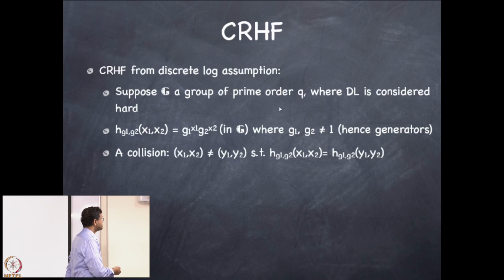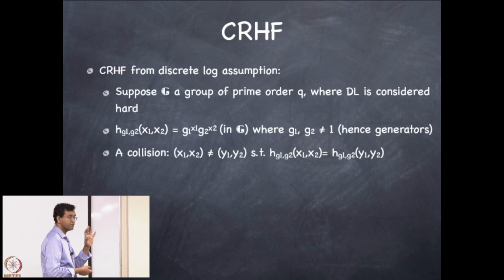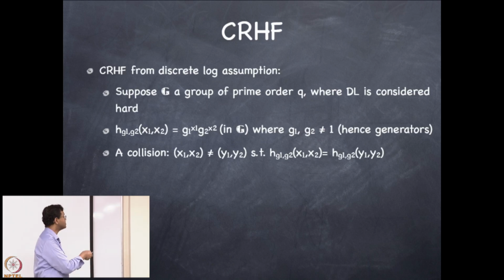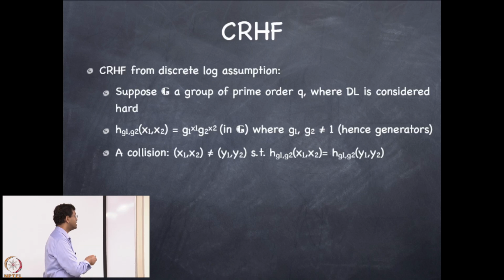Suppose the adversary gave us a collision, (x1, x2) distinct from (y1, y2), such that g1 to the power x1 times g2 to the power x2 equals g1 to the power y1 times g2 to the power y2. Now, if these hash values are equal, when I say (x1, x2) not equal to (y1, y2), either x1 not equal to y1 or x2 not equal to y2.